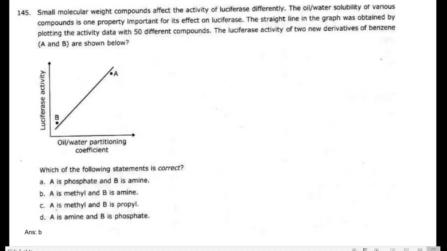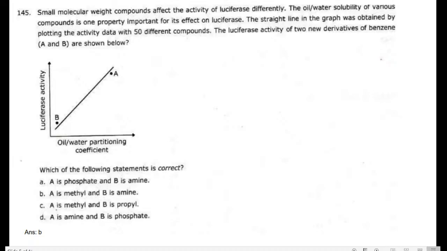Okay, next question. Small molecular weight compounds affect the activity of luciferase differently. This is the statement: small molecular weight compounds affect the activity of the luciferase enzyme, which plays a vital role.